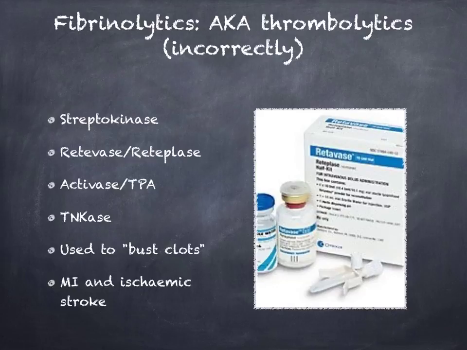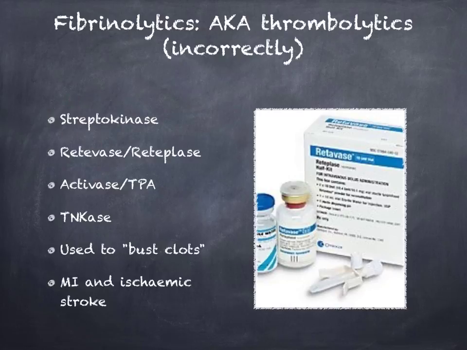This really came out and began to proliferate back in the 80s and 90s. Somebody said, hey, maybe I can put what the strep bacteria do to some good use.